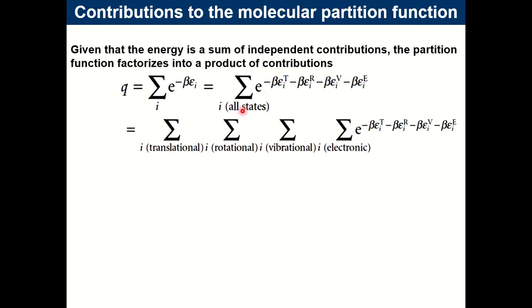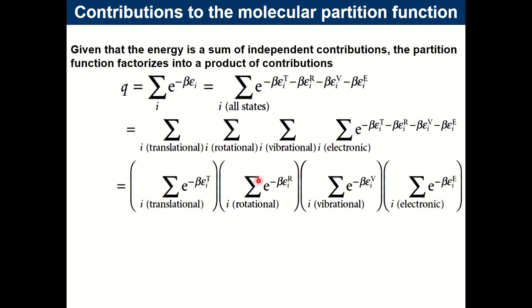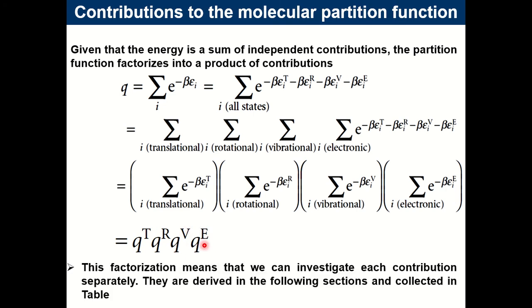Instead of all states, you can write translational, rotational, and accordingly separate the terms, taking the summation, and for each of these summations in the brackets we can write qt, the partition function for translational motion, partition function for rotational motion, partition function for vibrational, and partition function for electronic state.